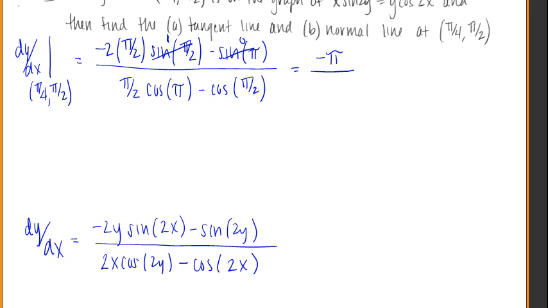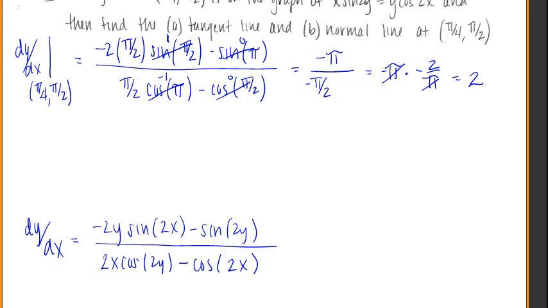Okay, and down here, the cosine at pi is negative 1, so it's going to give me a negative pi over 2, and then the cosine value at pi over 2 is 0, so it's just that. Okay, so let's finish solving this up. So negative pi times negative 2 over pi, those cancel off.